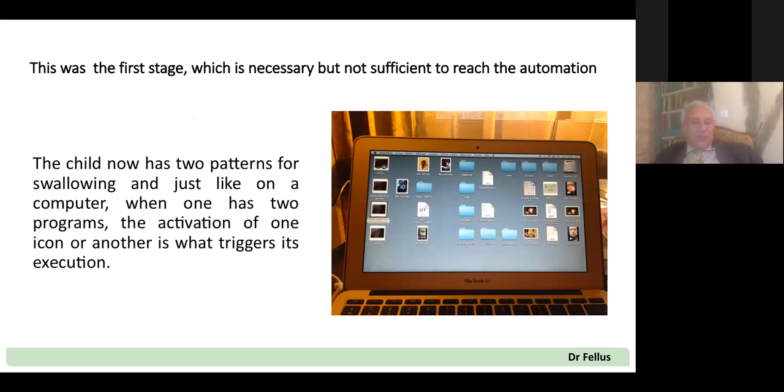But if you continue to click on the old icon, the old icon will be called and used for the swallowing program. So it's not enough to have two programs. You must teach the child to click on the good icon.